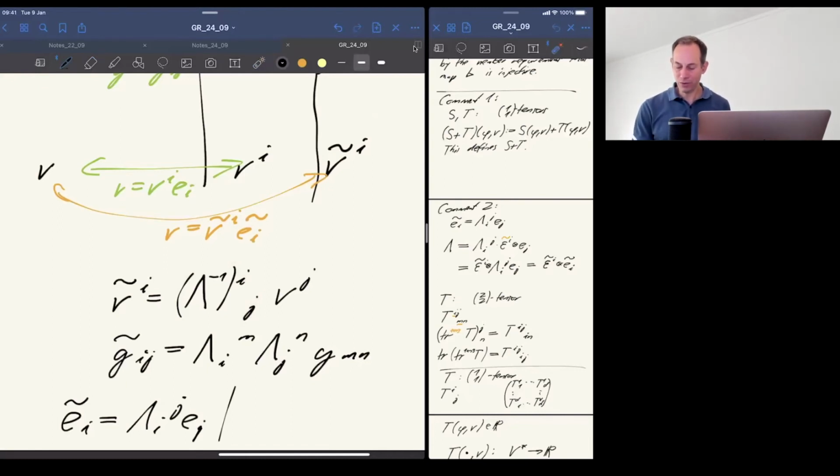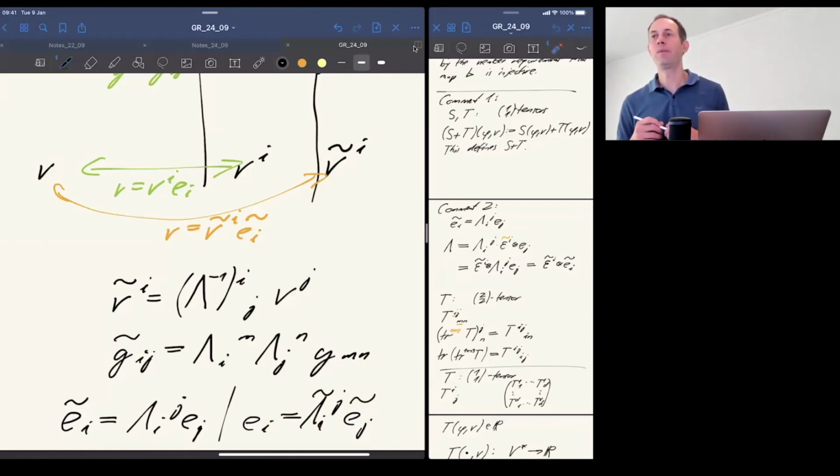Now I could, of course, also do it the opposite way and say what E_i is in terms of the E_j's. And then I had better use a different symbol, so I could use lambda tilde with indices ij, and then I just do the same thing with that one. So I hope this gives you enough rules to figure out in all situations what to do for the basis transformation.